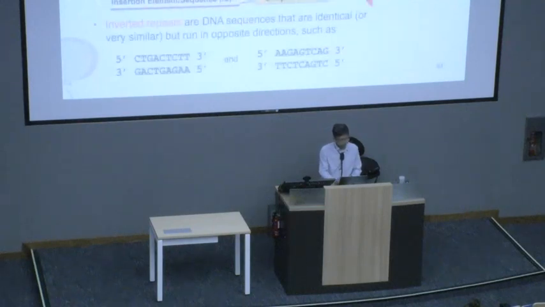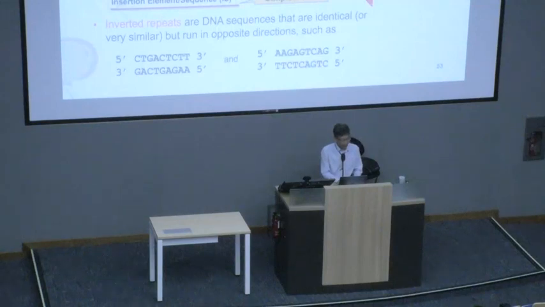Very often for this element, they have a region called DR, direct repeats, which are exactly the same sequence. They actually become a footprint of a jumping gene. And in between is the TE component.